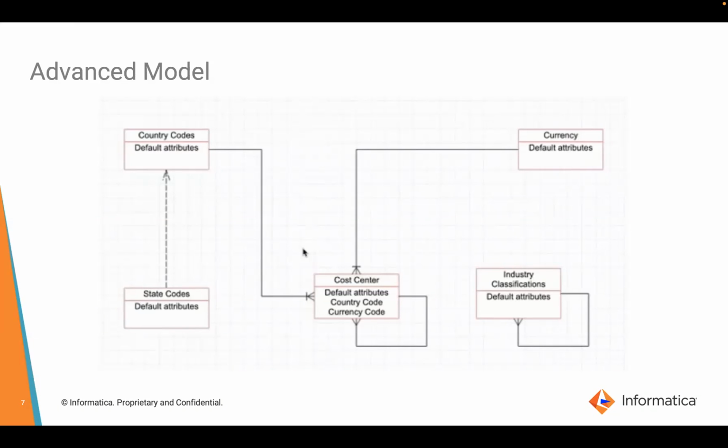You can also define a code list which can have multiple attributes inside it, and can also be dependent on some other code list or reference data set like currency or country. In a later section, I'm going to talk about these kinds of advanced forms. All right.